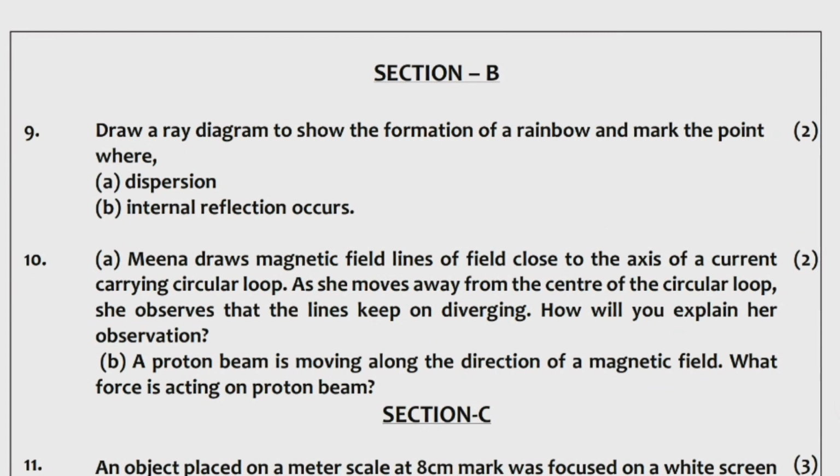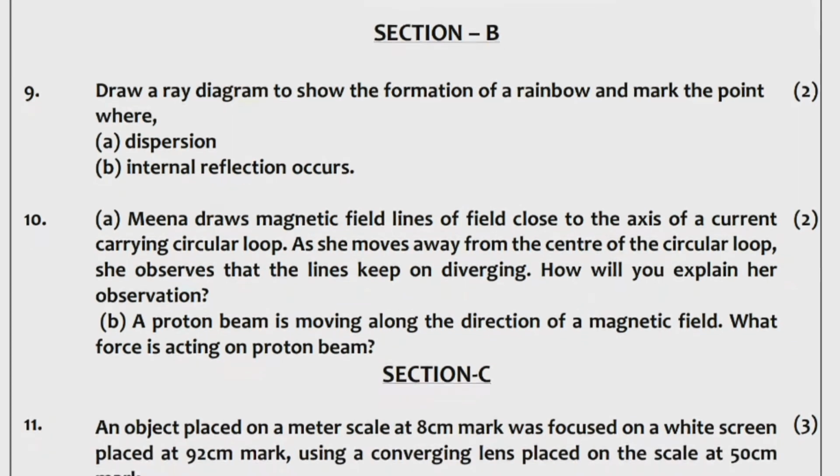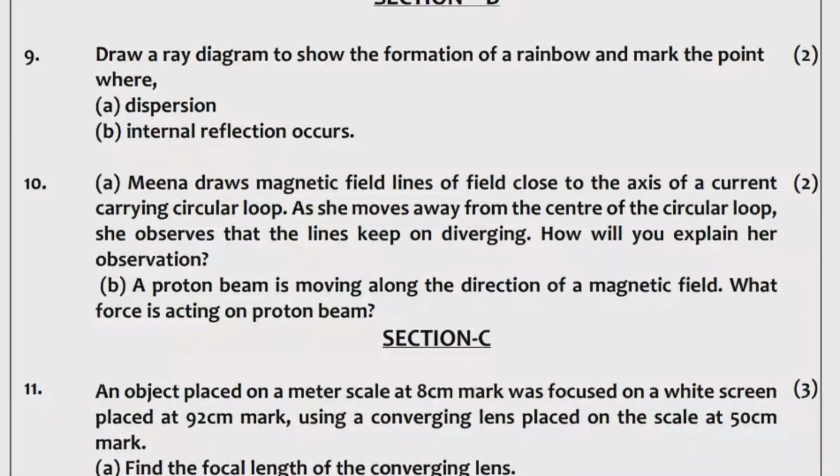Section C. Question number 11 is short answer type question carrying 3 marks each. Answer to these questions should be in the range of 50 to 80 words. 11. An object placed on a meter scale at 8 cm mark was focused on a wide screen placed at 92 cm mark, using a converging lens placed on the scale at 50 cm mark.